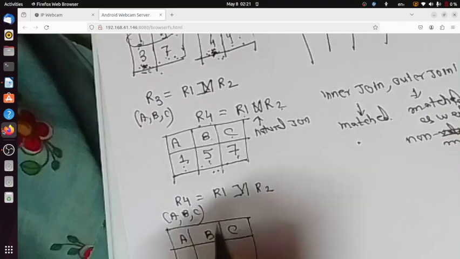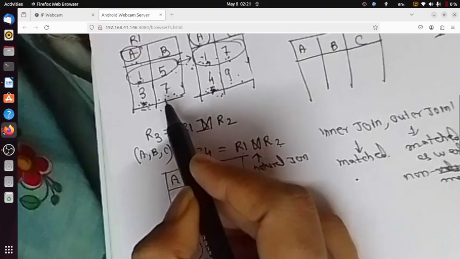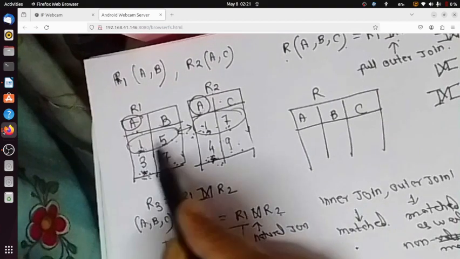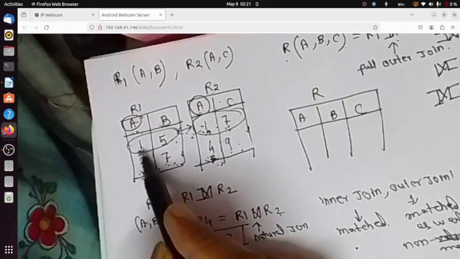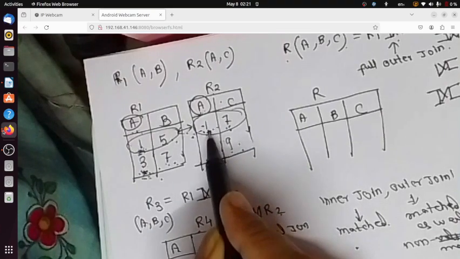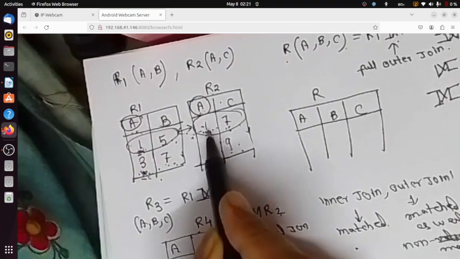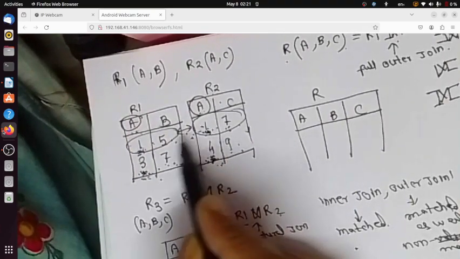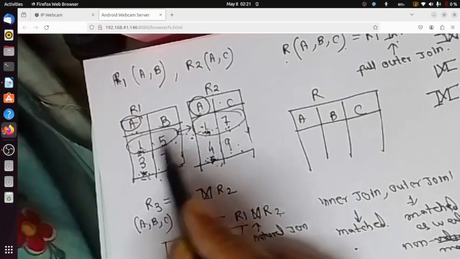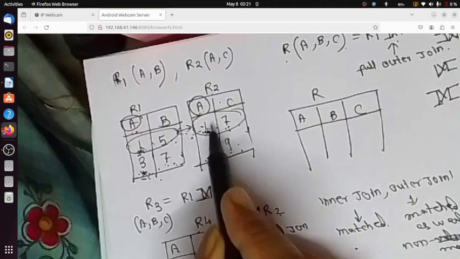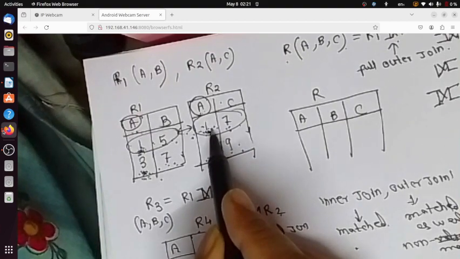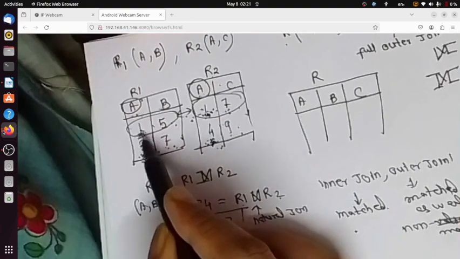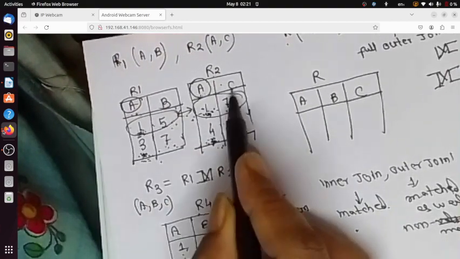See the record 1, 5 in R1, which has value 1 in column A, and the record 1, 7 in R2 also has the same value in common column A. These two are matched records, so they will be merged into one record in the output relation: A will be 1, B will be 5, and C will be 7.